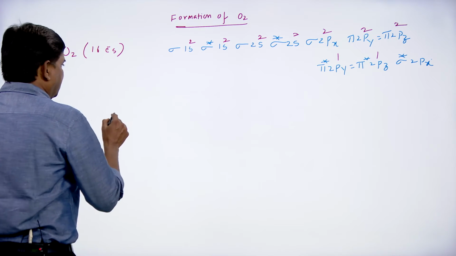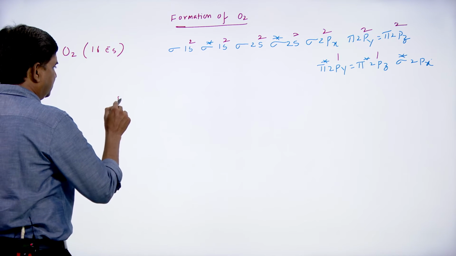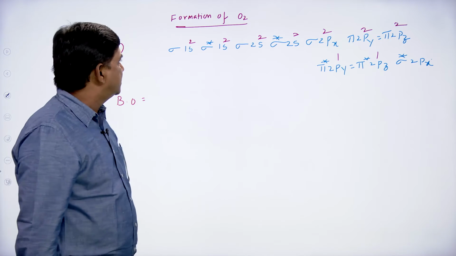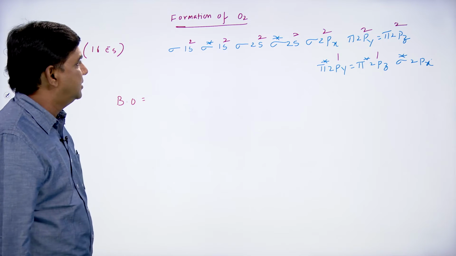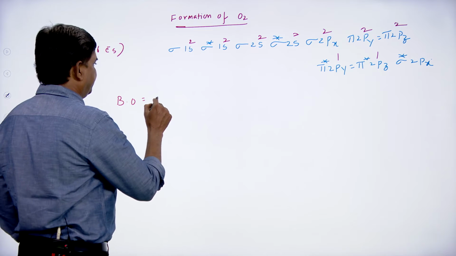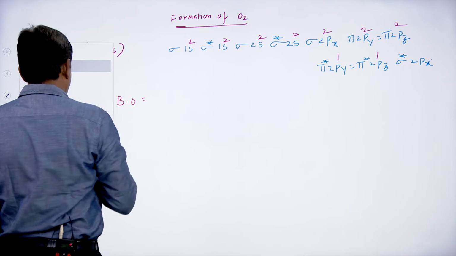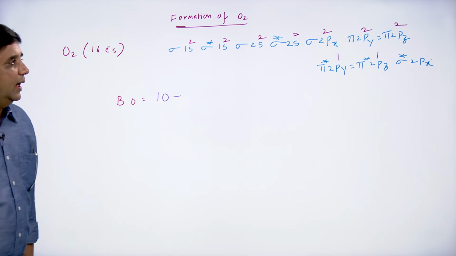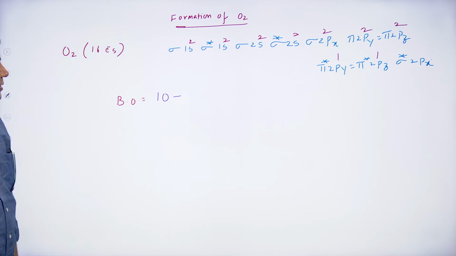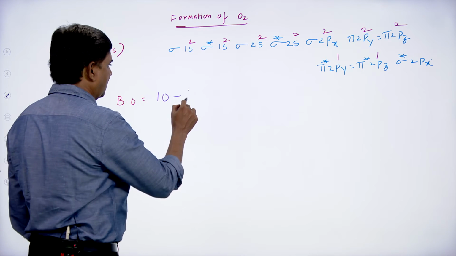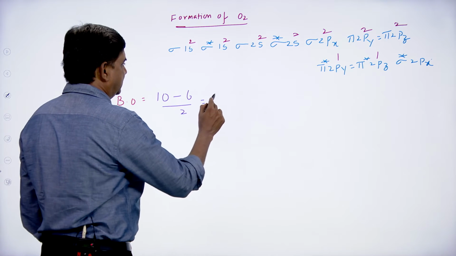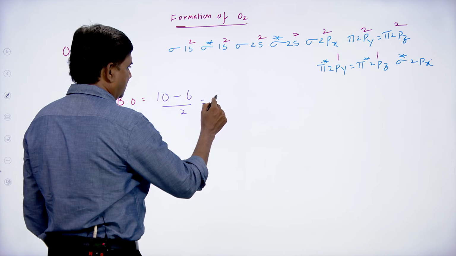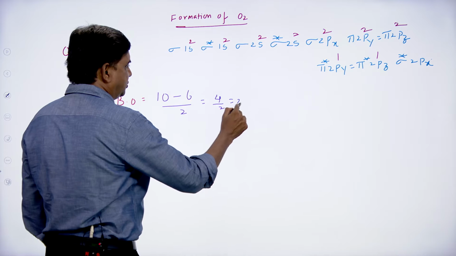Now students, bond order is equal to the number of electrons in the bonding orbitals minus the number of electrons in the antibonding orbitals, divided by 2. How many electrons are there in the bonding orbitals? 10. Antibonding orbitals 6. So 10 minus 6 by 2 is equal to 4 by 2, which is equal to 2.